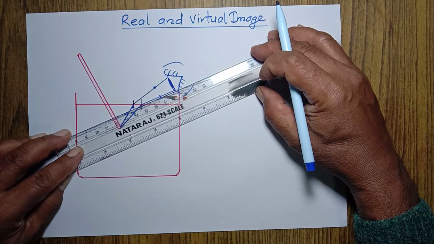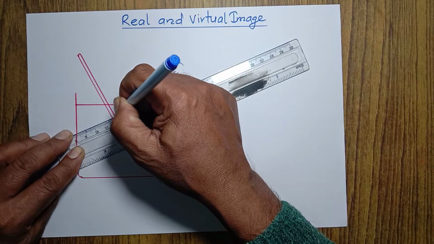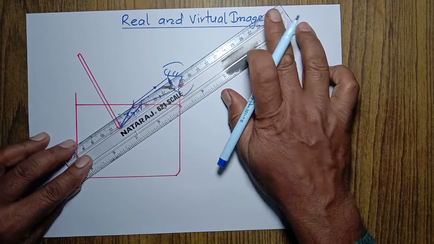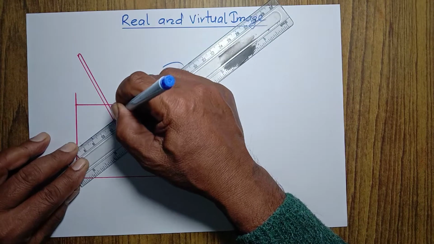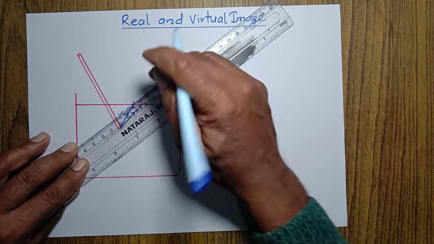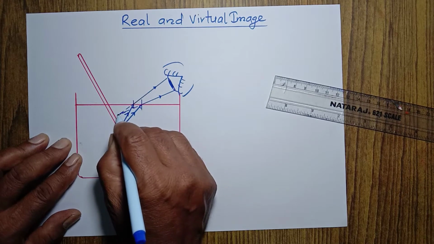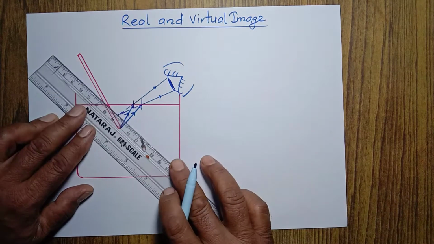Look at this. If we produce this ray directly into the water, and if we produce this ray also into the water, then where they meet, let's say at this point they are meeting, the tip of the stick appears at this point like this.